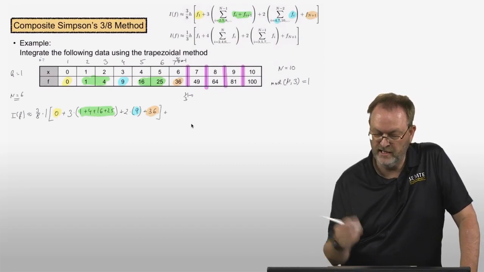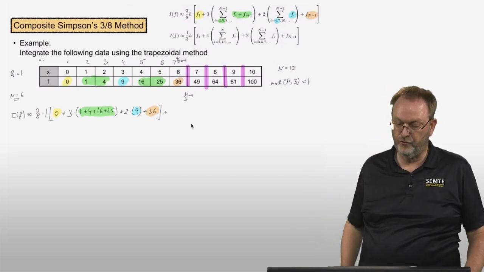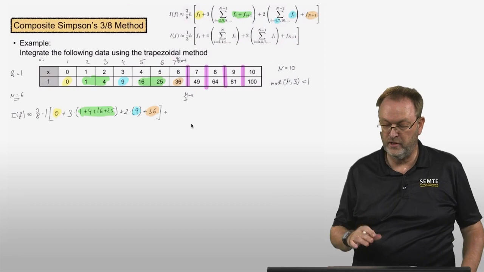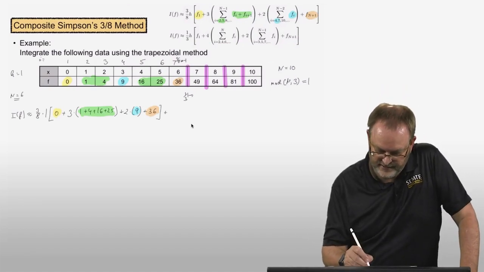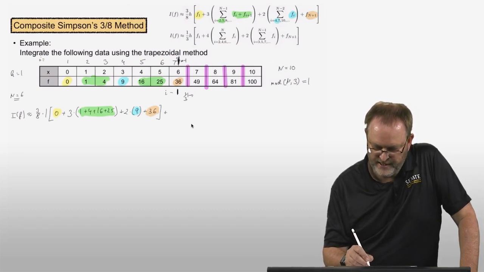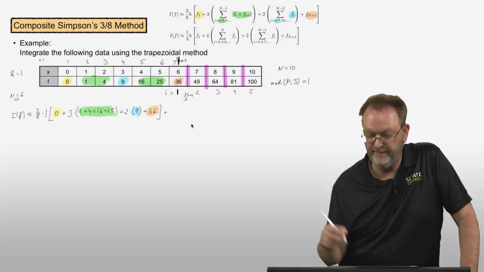And then I have to add the 1/3 method for these last 4 subintervals, right? So they start right here. That's where I'm switching over. So for my 1/3 method, this would be i equal to 1, 2, 3, 4, and 5.